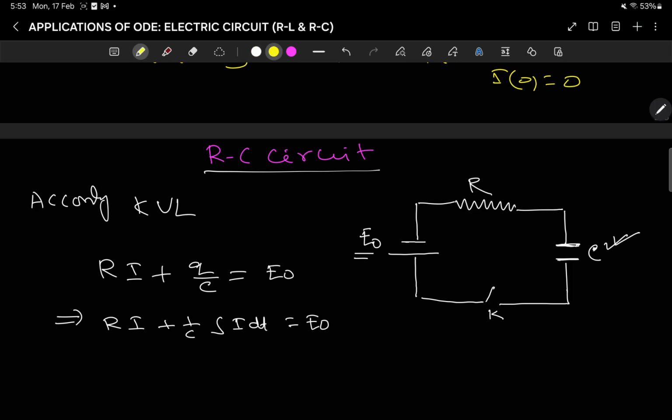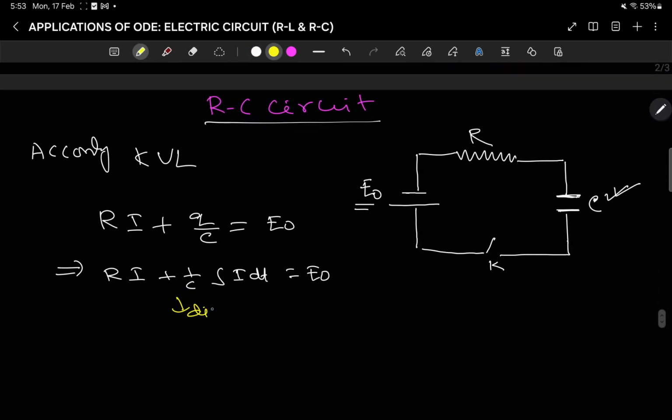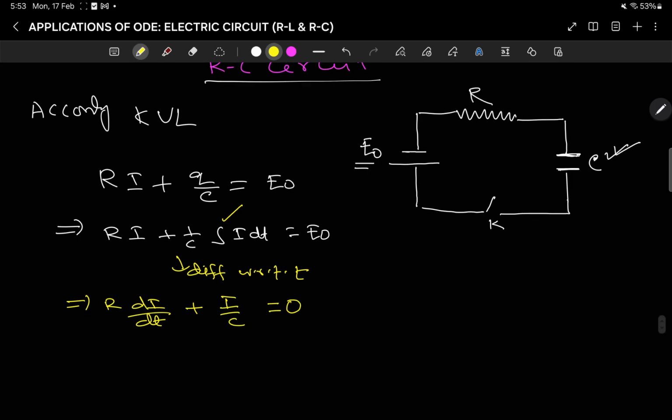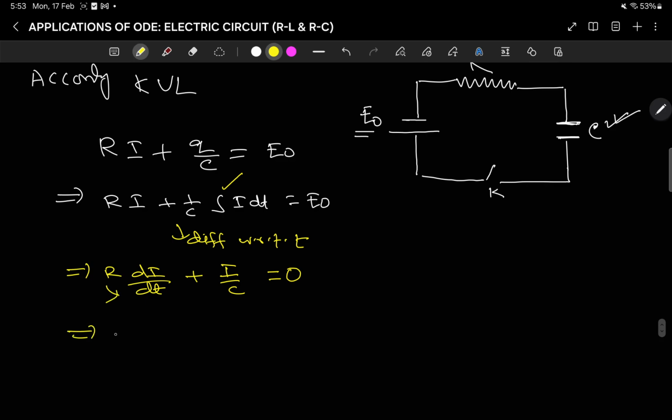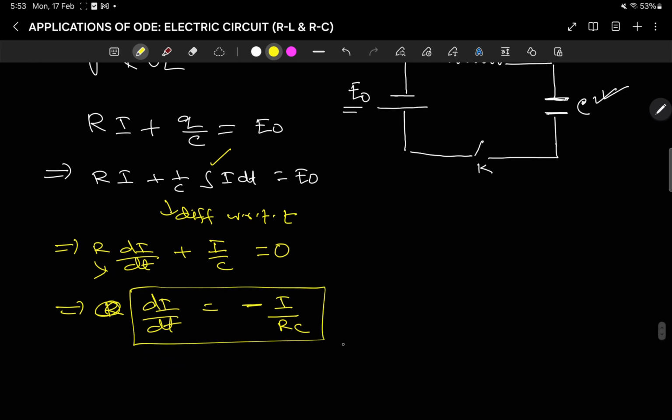Now we differentiate with respect to t, in order to avoid this integral sign. So R di by dt plus I by C is equal to 0. Now if we divide by R, di by dt is equal to minus I by RC.